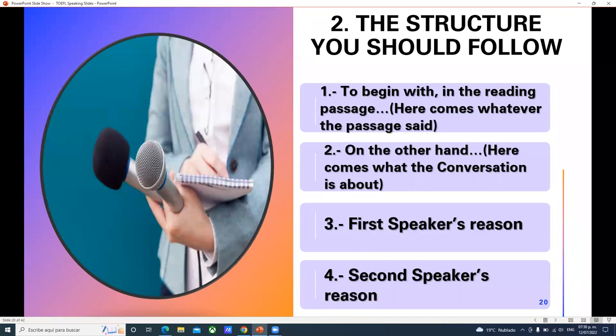That is to say, you can plan exactly what to say. You can follow this structure in order to organize your response, and your reviewer is never going to say, oh, she's super repetitive, she always says, for example, or he always begins with the same. No, because he is going to listen to your response only once.